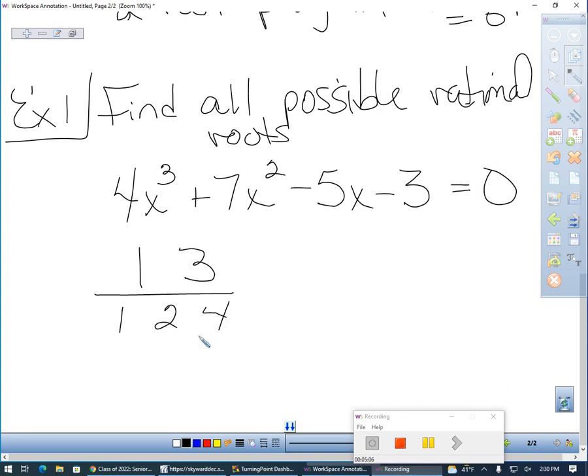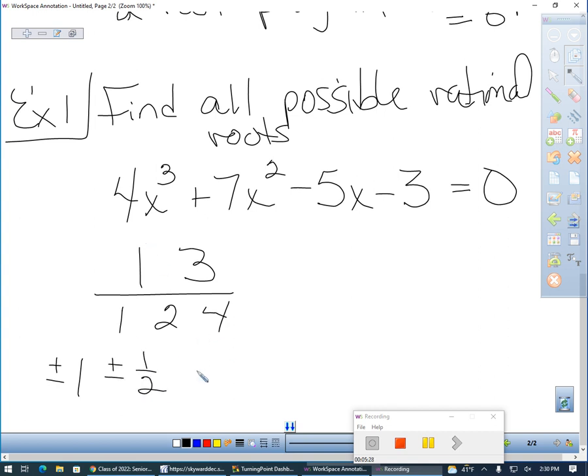So now we're going to list all our possible. We start with the 1 on top, and that 1 has to be divided by all 3 of the bottom numbers. So 1 divided by 1 is 1, and we're going to say plus and minus because it can also be its opposite. Then we have 1 over 2, or plus and minus 1/2.